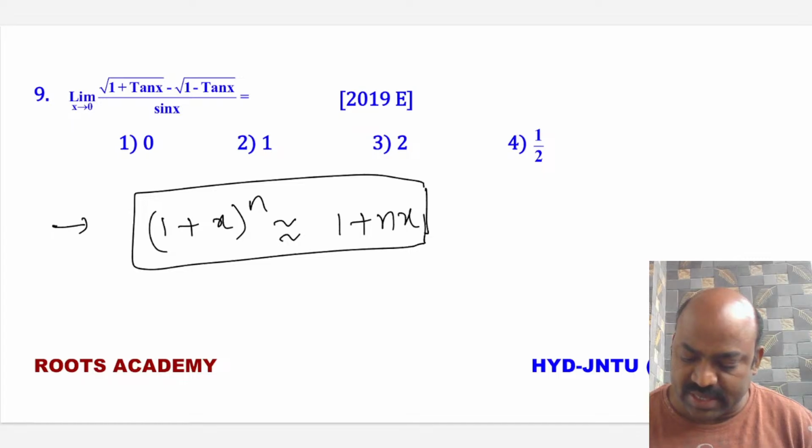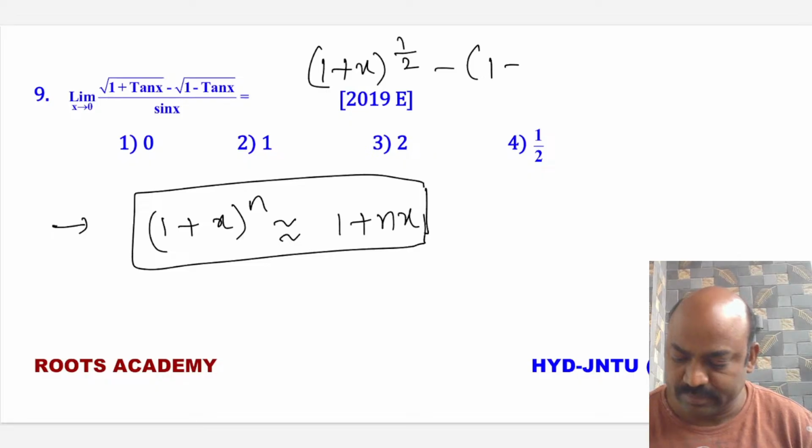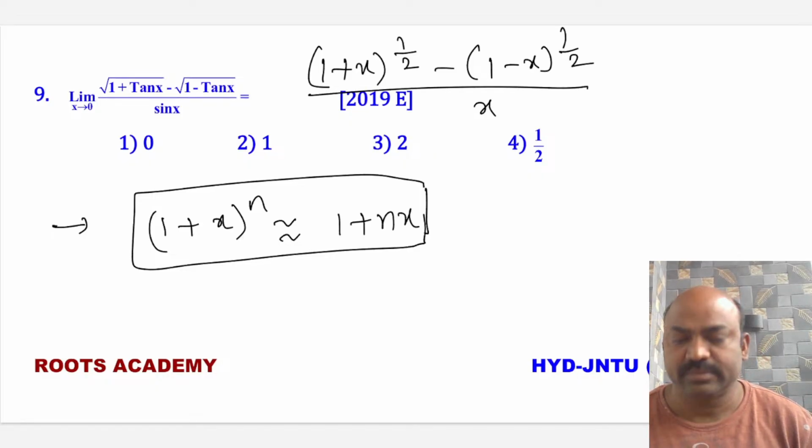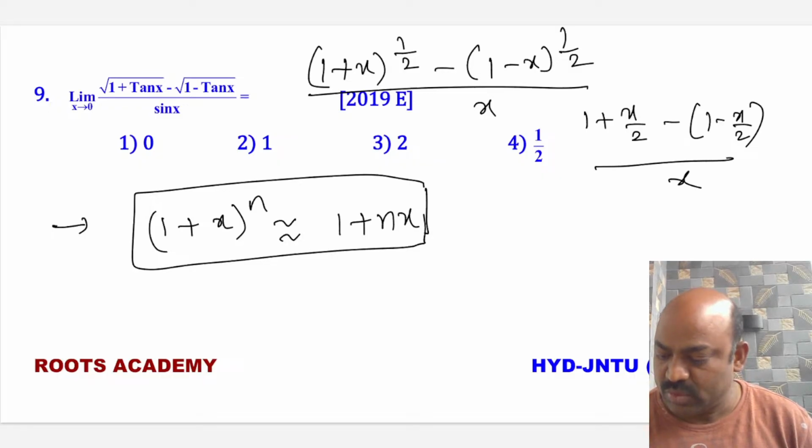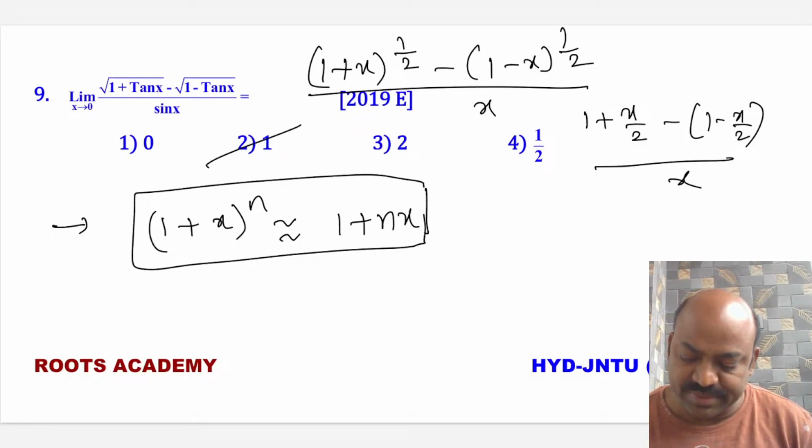So that's nothing but (1 + x) whole power. Now you can write this, so everything gone, you will get 1 by 1, it is 1. The answer is 1.